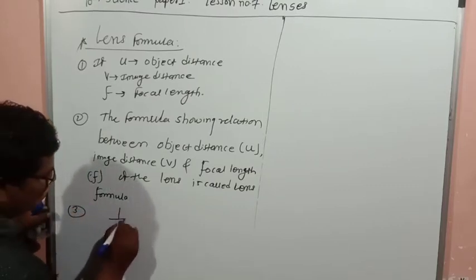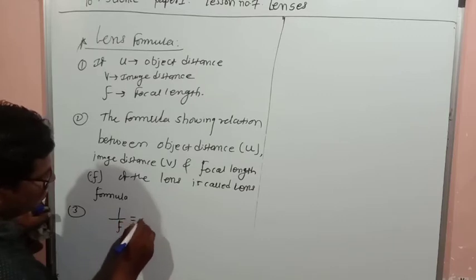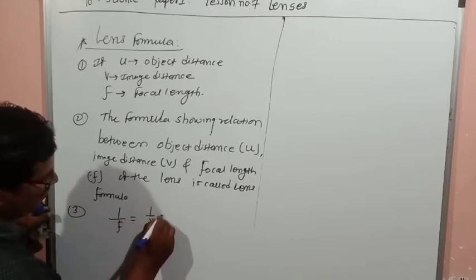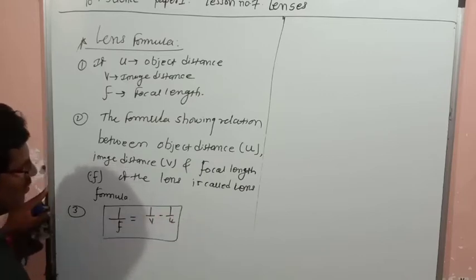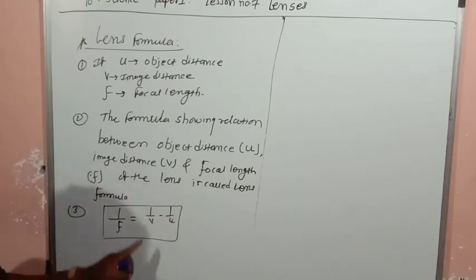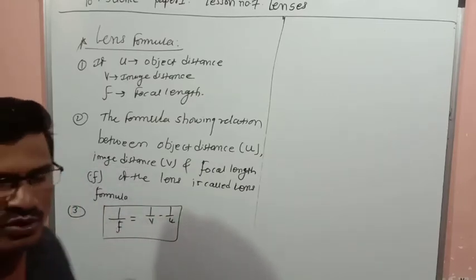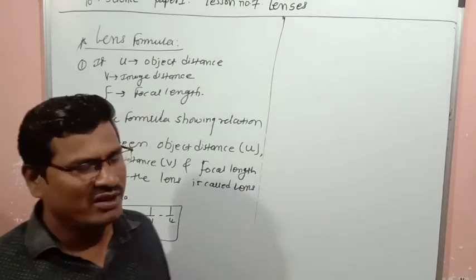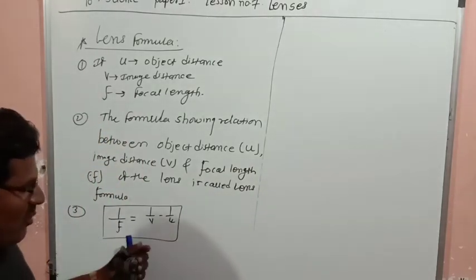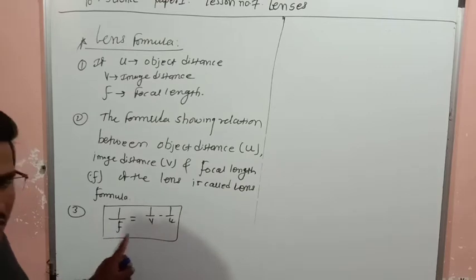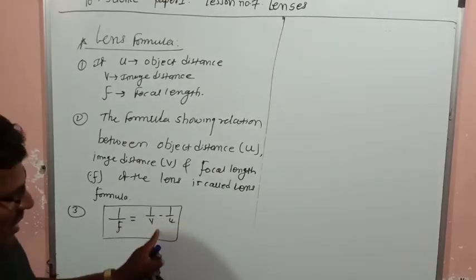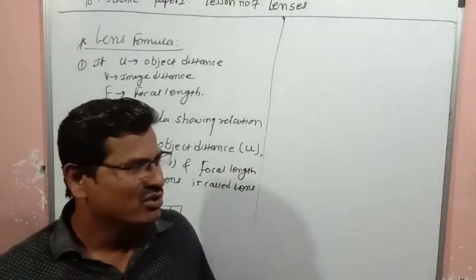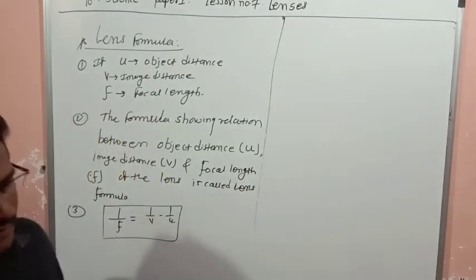1 upon f is equal to 1 upon v minus 1 upon u. So this is the relationship between object distance, image distance, and focal length, and this formula is called the lens formula.